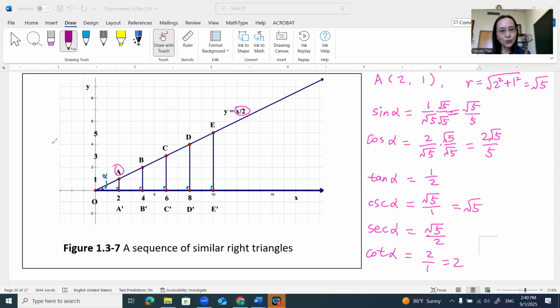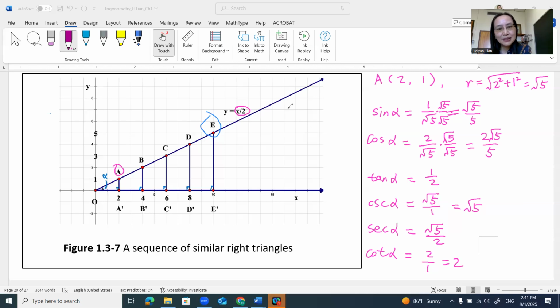So what if another student wants the point E? Let's circle it in blue. Okay, so let's discover, do we still get the same function values? We think the sine alpha, if it's a function for the same alpha, we should get the same function value, right?